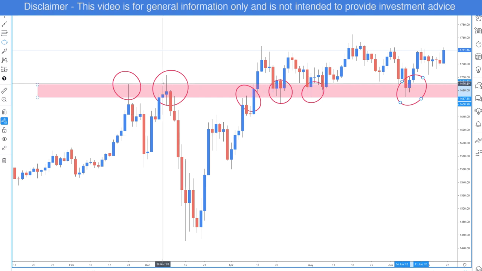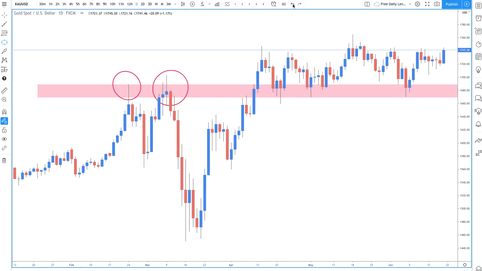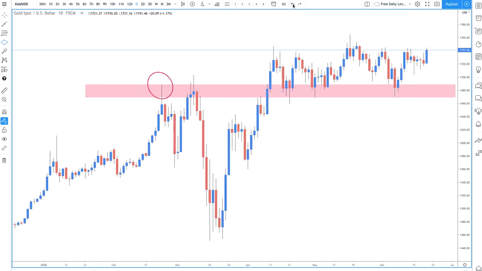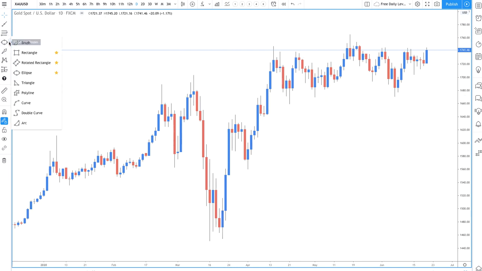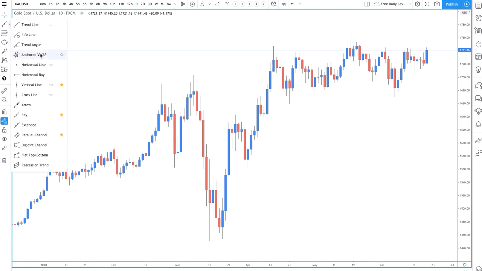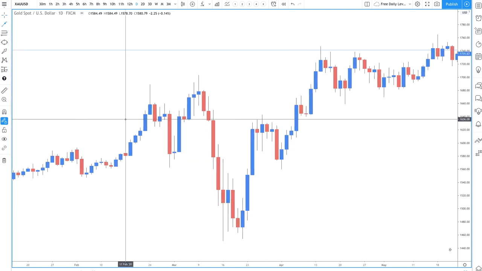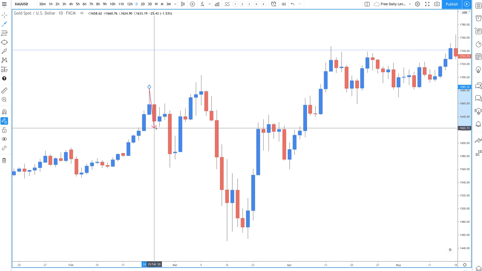But now I want you to look at this in terms of supply and demand. So let's get rid of this area here. We've got lower highs and lower lows being made.